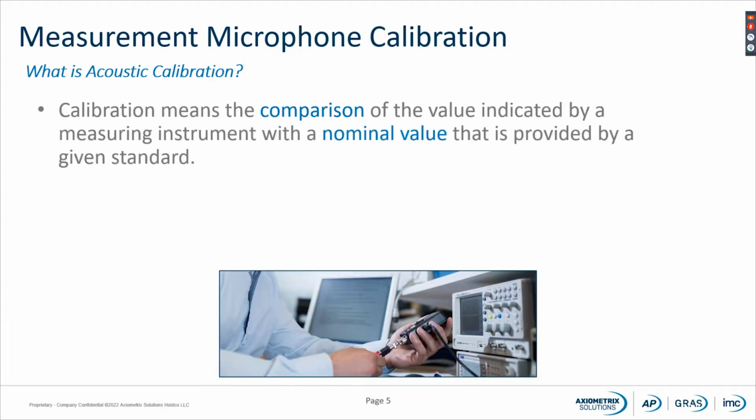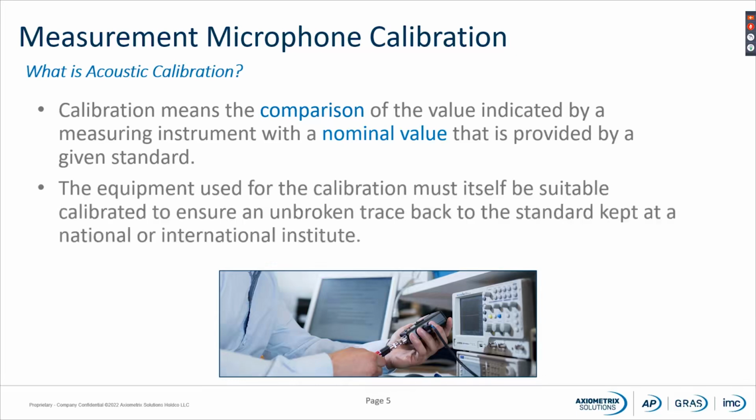What is acoustical calibration? Calibration means comparison of values indicated by a measurement instrument with a nominal value that is provided by a given standard. As we saw before with the ruler, when we are talking about acoustical measurement, our standard is actually pressure, normally pressure in Pascal.